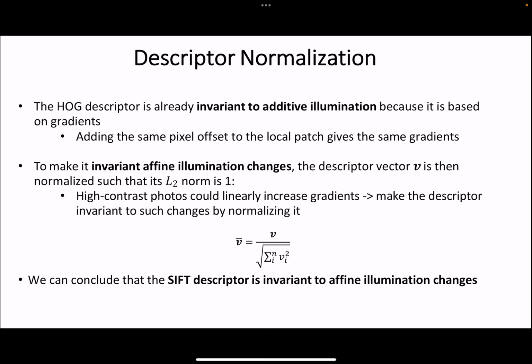And after computing this HOG descriptor, we do something more like normalization. The HOG descriptor is already invariant to additive illumination because it is based on gradients.